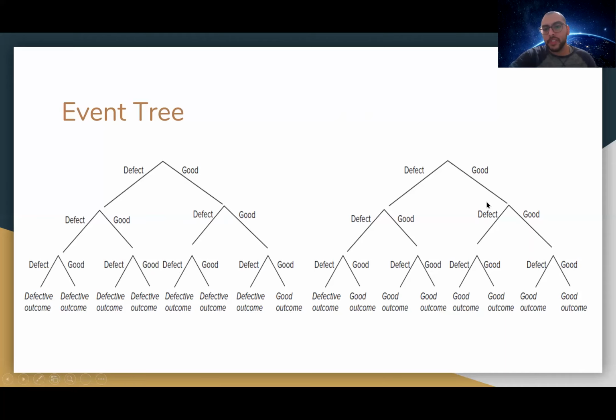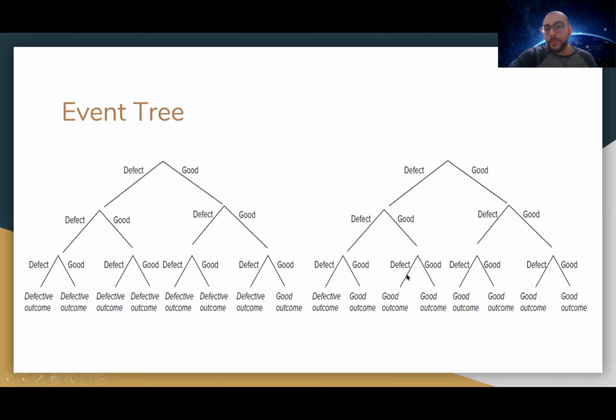So for example, if the doctor makes an error, which is the first step, but the nurse or the pharmacy catches the error, at this step the error will be fixed.